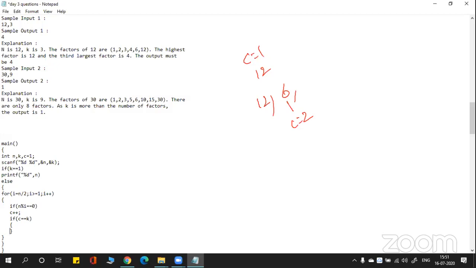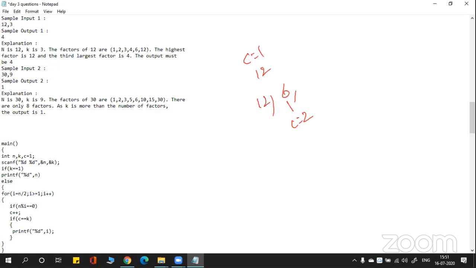Yes, if it is equal to k, then print that particular number, whatever number you got. So printf percent d comma i.